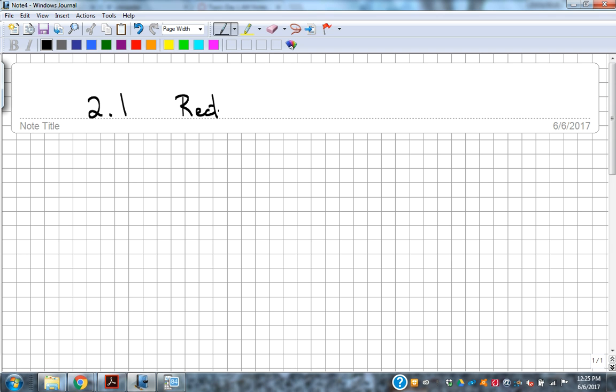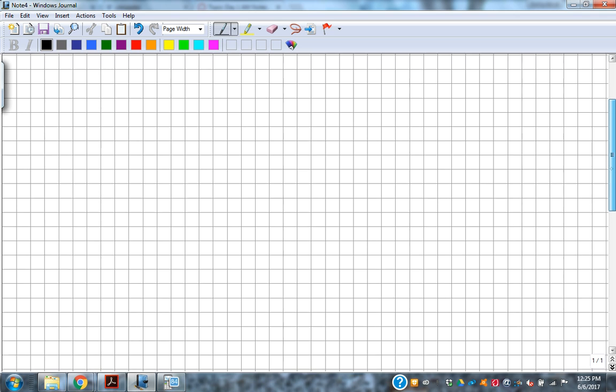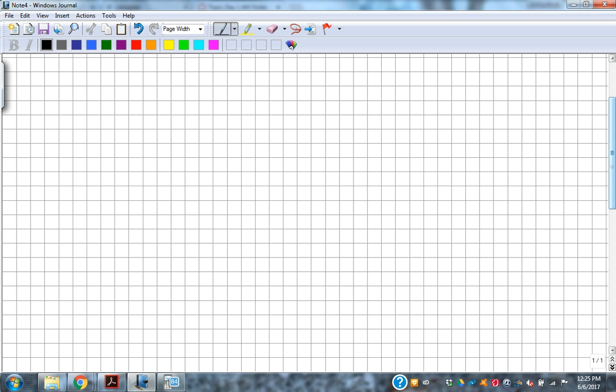We're going to talk about rectangular coordinates. And with rectangular coordinates, we're dealing with the coordinate plane. So I'm going to draw a coordinate plane, a vertical axis and a horizontal axis.